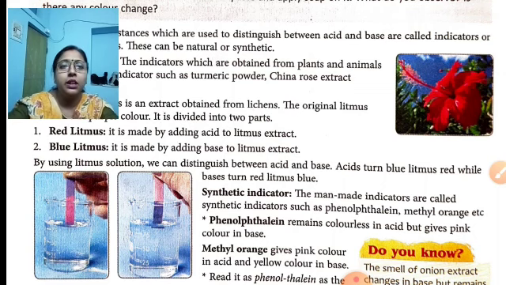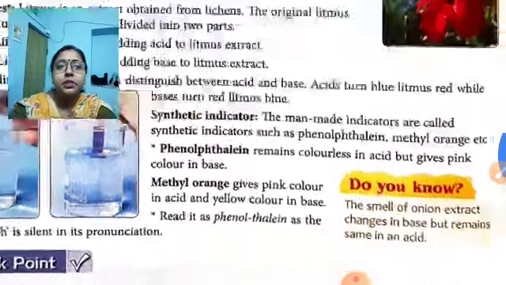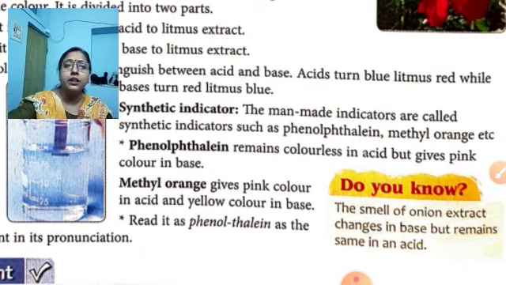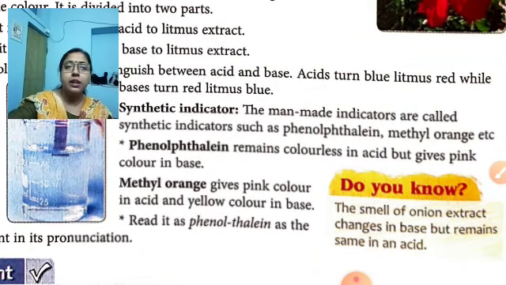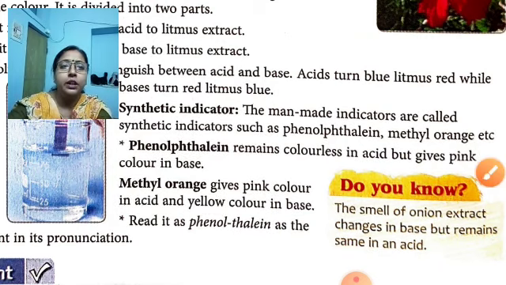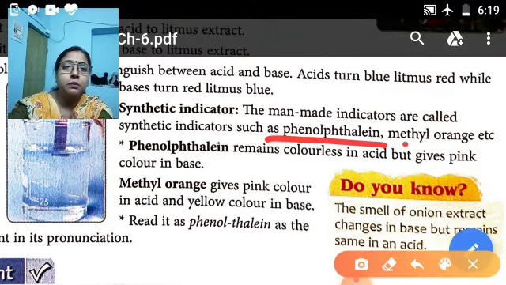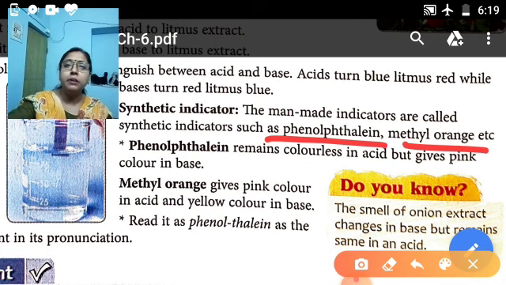Now come to the synthetic indicator. Synthetic indicators are man-made indicators and they are also called artificial indicators. Examples are phenolphthalein and methyl orange. Phenolphthalein remains colorless in acid but gives pink color in base.